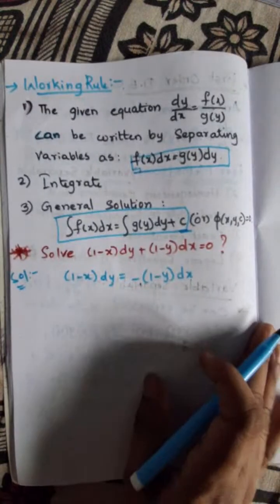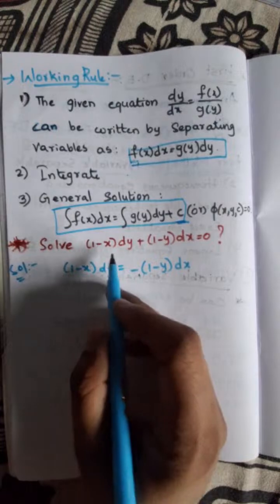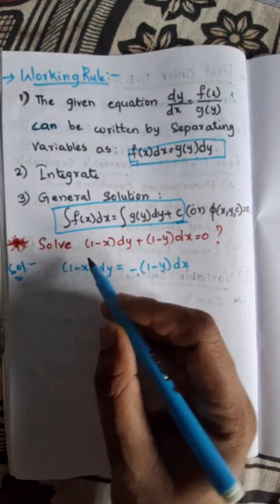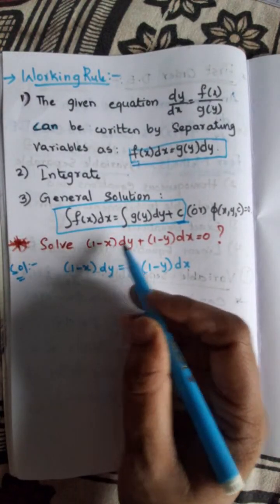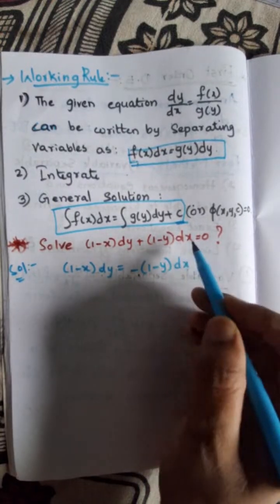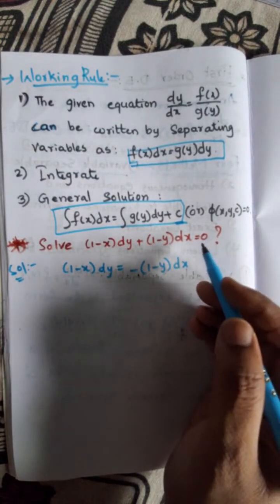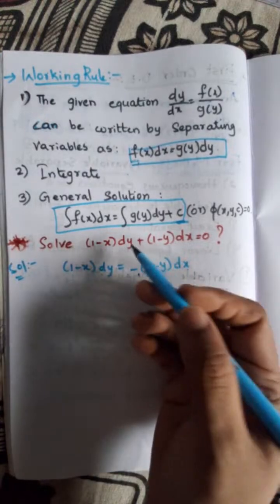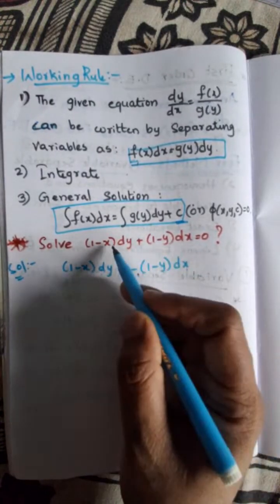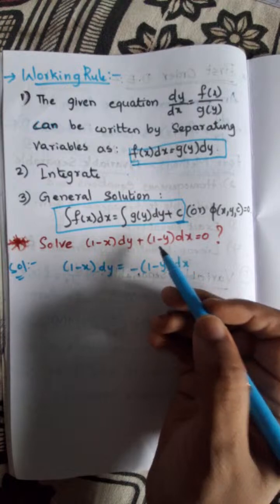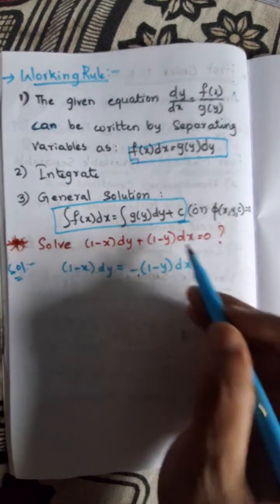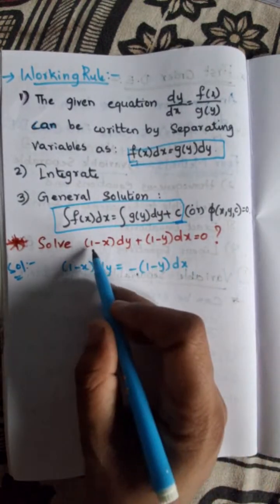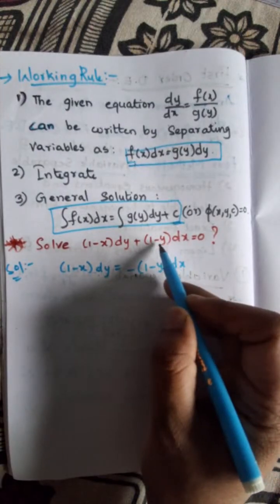Now I am going to solve the given question: solve (1 minus x) dy plus (1 minus y) dx equal to 0. Just by seeing it, we can say this is in the variable separable form, because the x term is here and the y term is here.